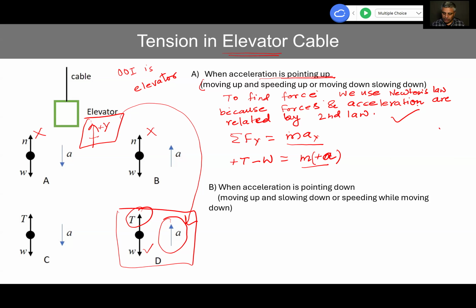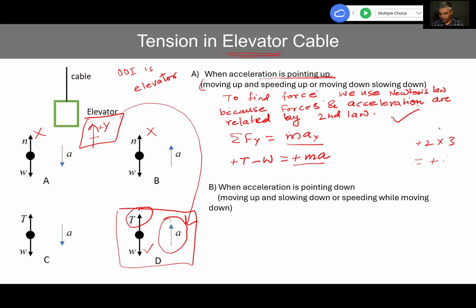But usually what I do is, since mass doesn't have a sign, I put the sign in front of the whole term, because positive A times mass is positive mass times A, okay? If I have positive 2 times 3, what is the result?